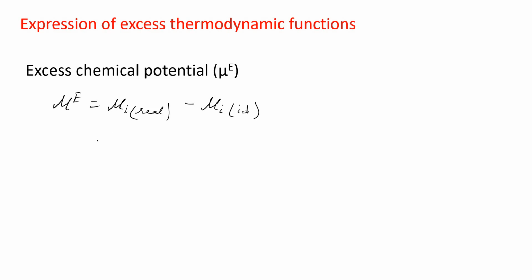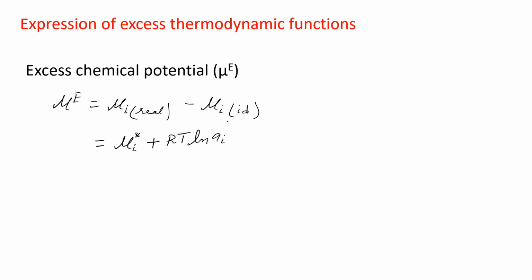Now, the chemical potential of the ith component in the real solution we can write as the chemical potential in the standard state, which we can consider as the pure state at the same temperature, plus RT ln activity of the component.